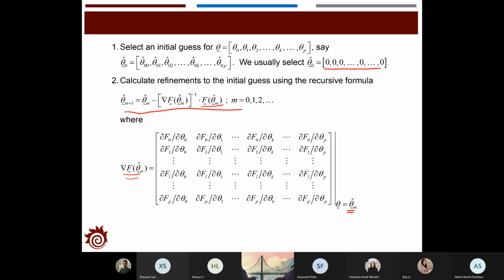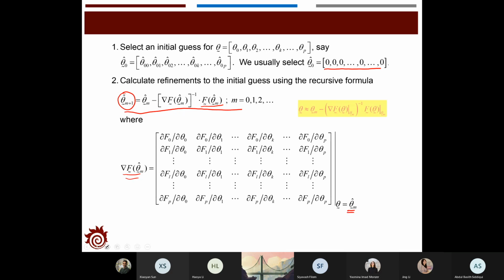Once you have the first order derivative of f and the value of f(theta_m), you can give an update, theta_(m+1), the value of theta in the next iteration.